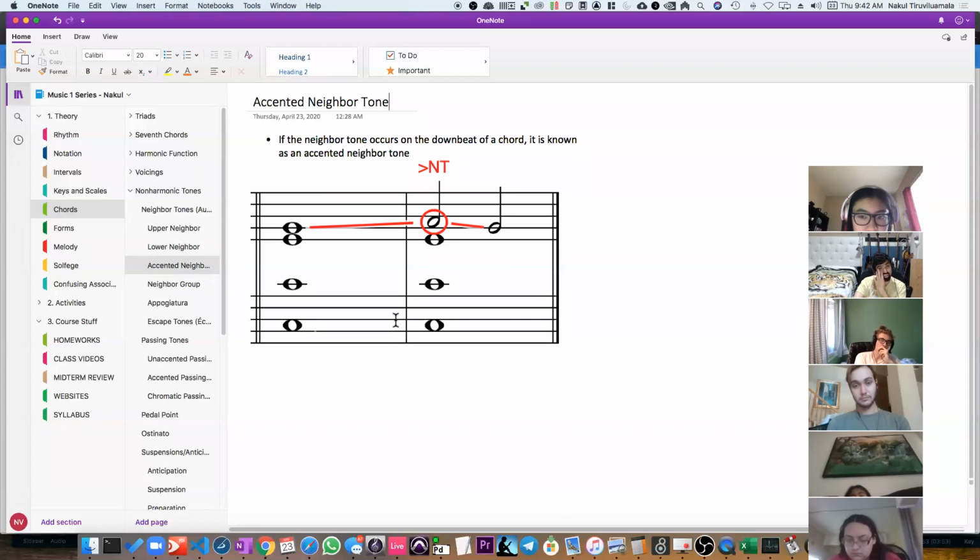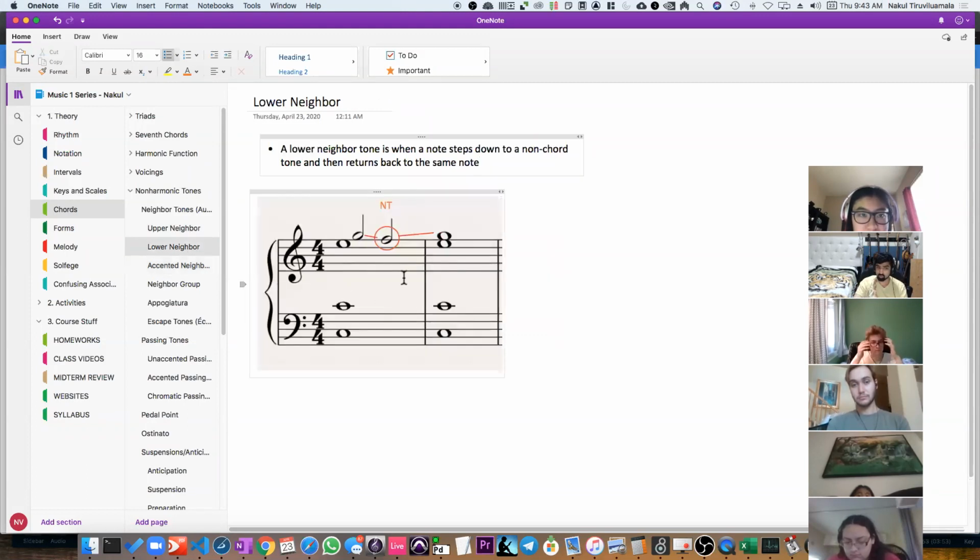Okay, so then there's this idea of having an accented neighbor tone. An accented neighbor tone is a neighbor tone that occurs on the downbeat of a chord. I think this is significant. Most of the time, or a lot of the time, the dissonant non-harmonic tones occur in between the chords.